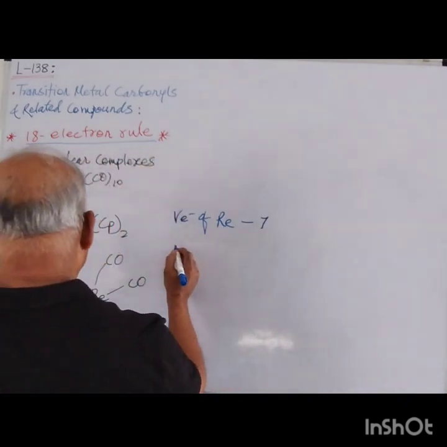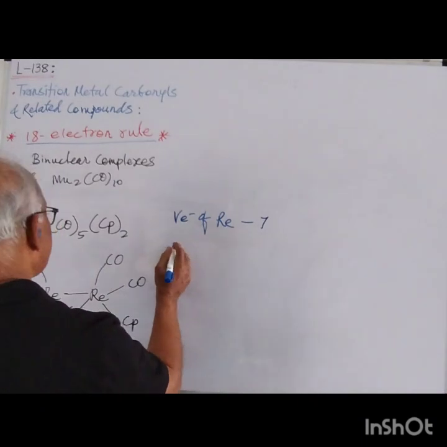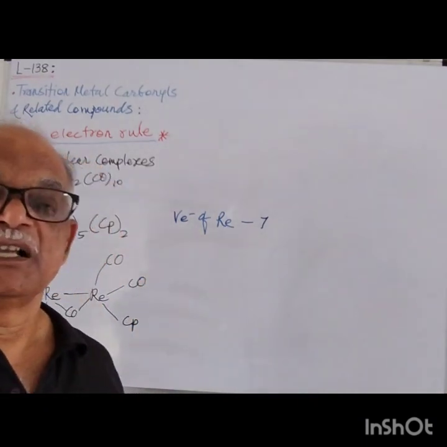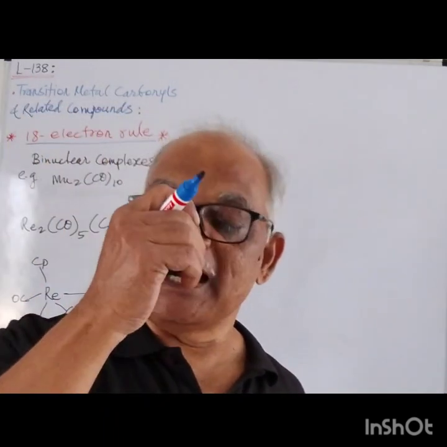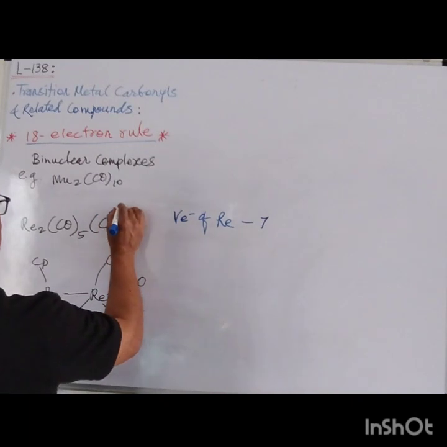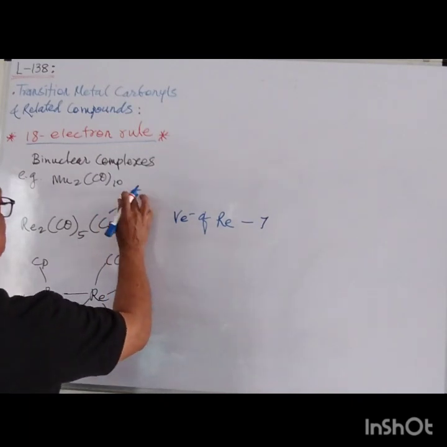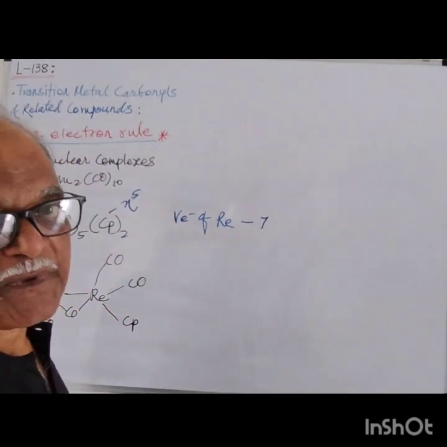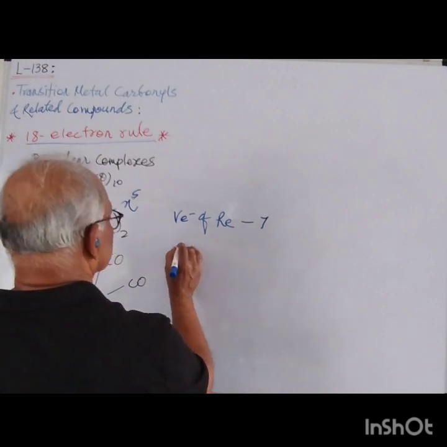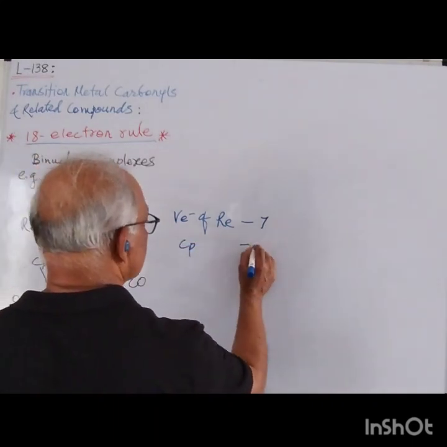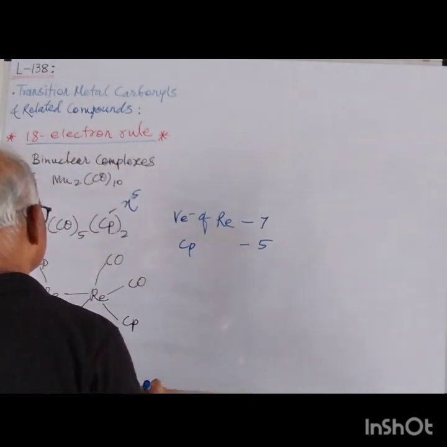Then this is cyclopentadiene, it is eta 5. Means it has 5 points of attachment. So it contributes 5 electrons.